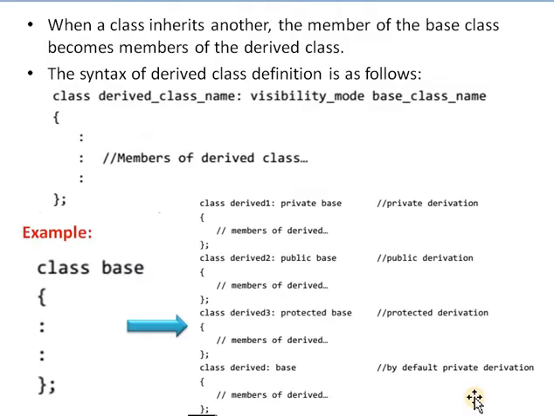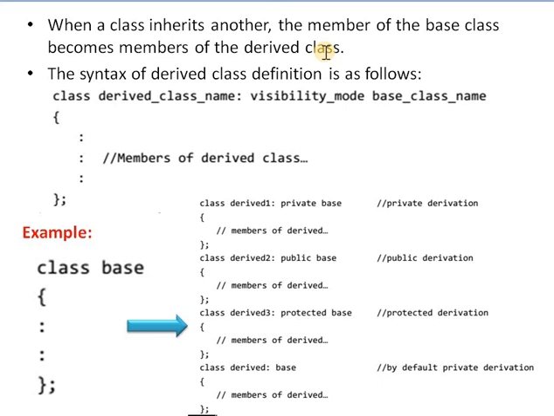Let's see how to define a derived class. When a class inherits another, the members of the base class become the members of the derived class.